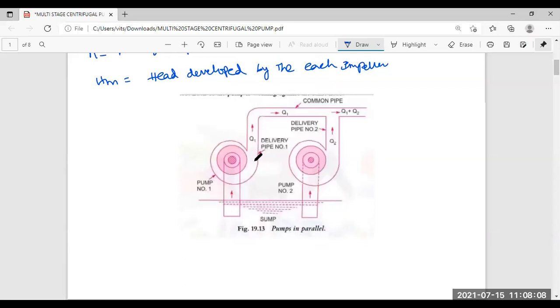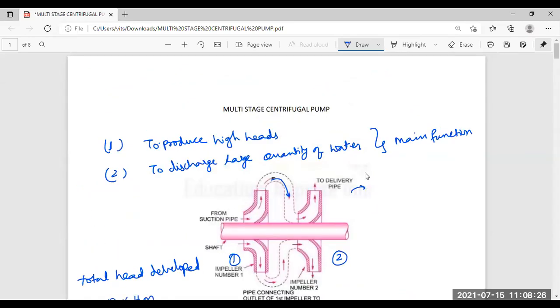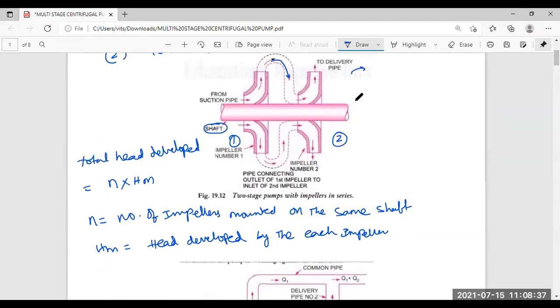Now, this is a multi-stage centrifugal pump where impellers are arranged in parallel. Here, two different shafts are provided. This is shaft 1 and this is shaft 2. In the previous case, a single shaft is there on which a number of impellers are mounted, and the impellers are arranged in series.